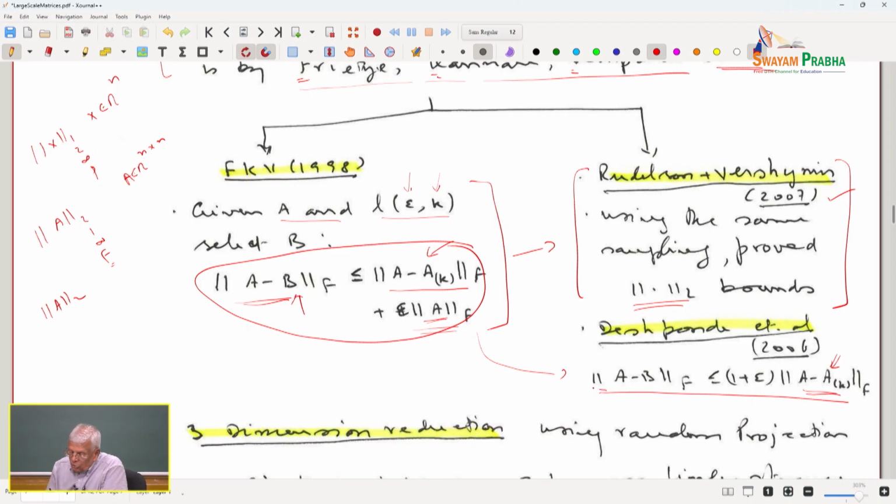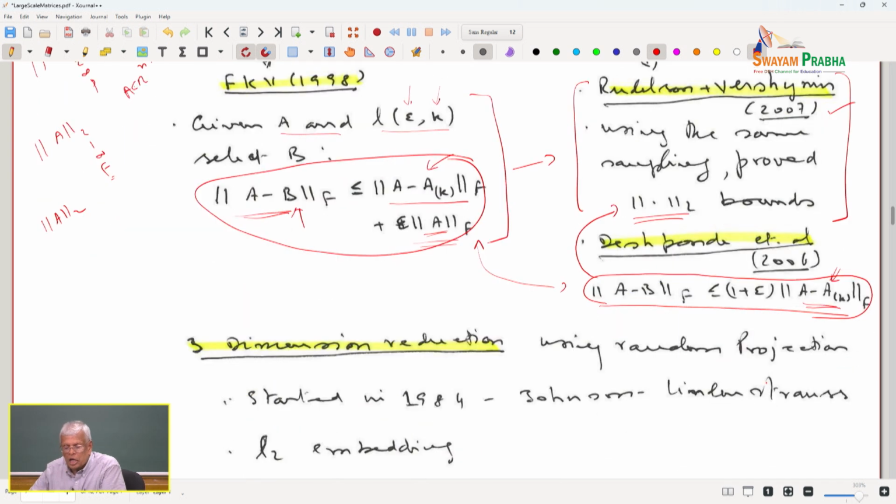So this Frobenius norm result is an extension of the earlier one, and this is further improved by proving bounds in the 2 norm. So you can see the pathways that different people have followed. If the error is less than the sum of two terms, you want to be able to reduce the upper bound. They reduce the upper bound to 1 plus epsilon times the best approximation. Then they further reduce the upper bound by replacing the Frobenius norm by the 2 norm. I am just trying to talk about the pathways.